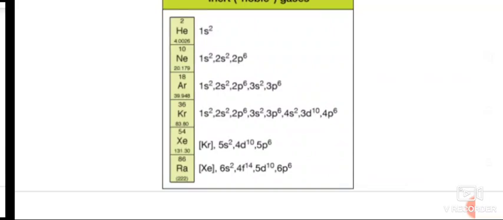And next, what do we call the outermost electrons present in a particular shell? They are known as valency electrons. The electrons present in the outermost shell are known as valency electrons. And the electrons which completely fill the inner side of the outermost shell are called core electrons. What do you mean by core electrons?